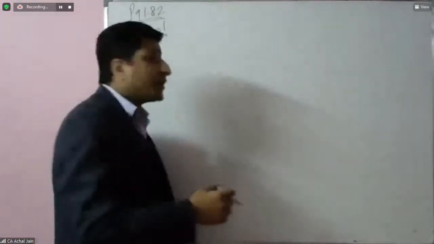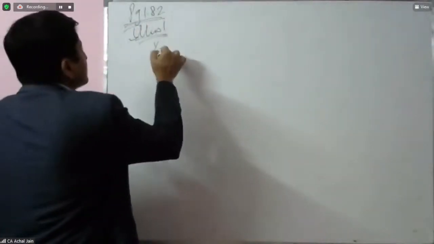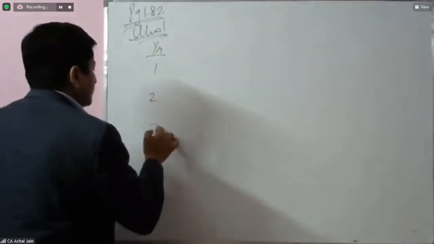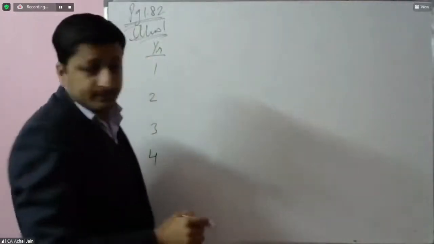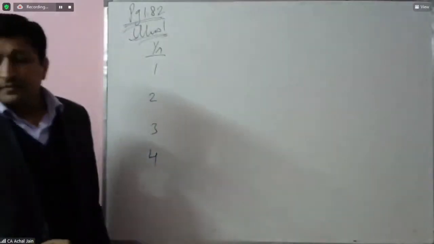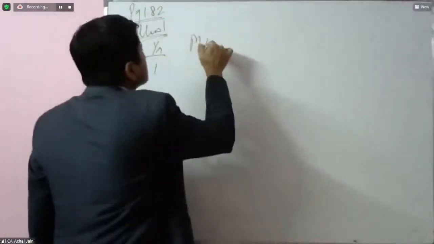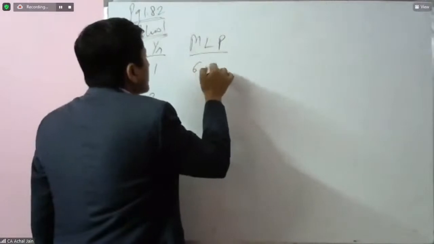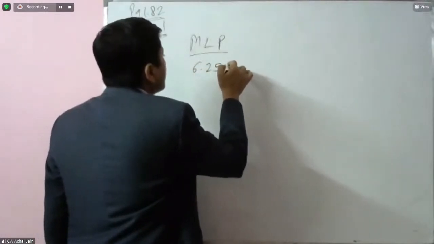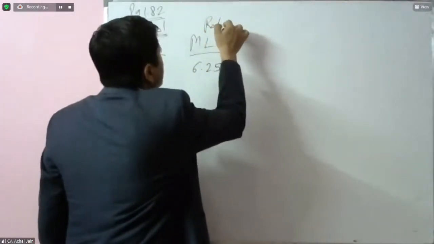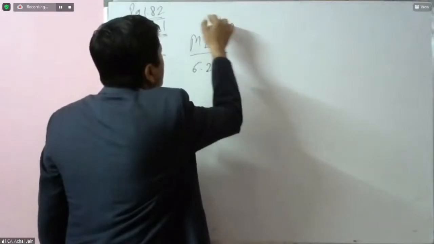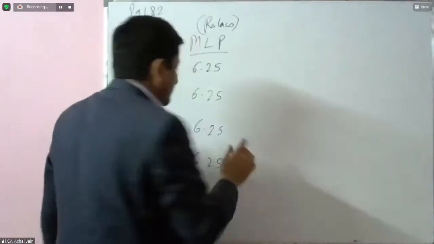So we are given 4 years. 1, 2, 3, 4. MLP is given 6.25. So these are in. This is again 6.25.